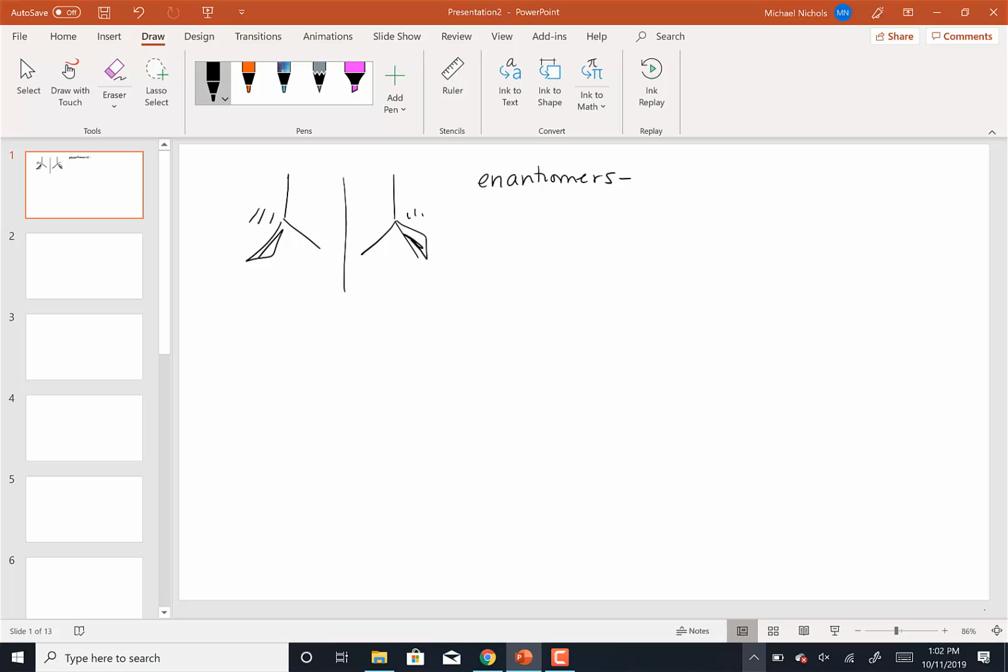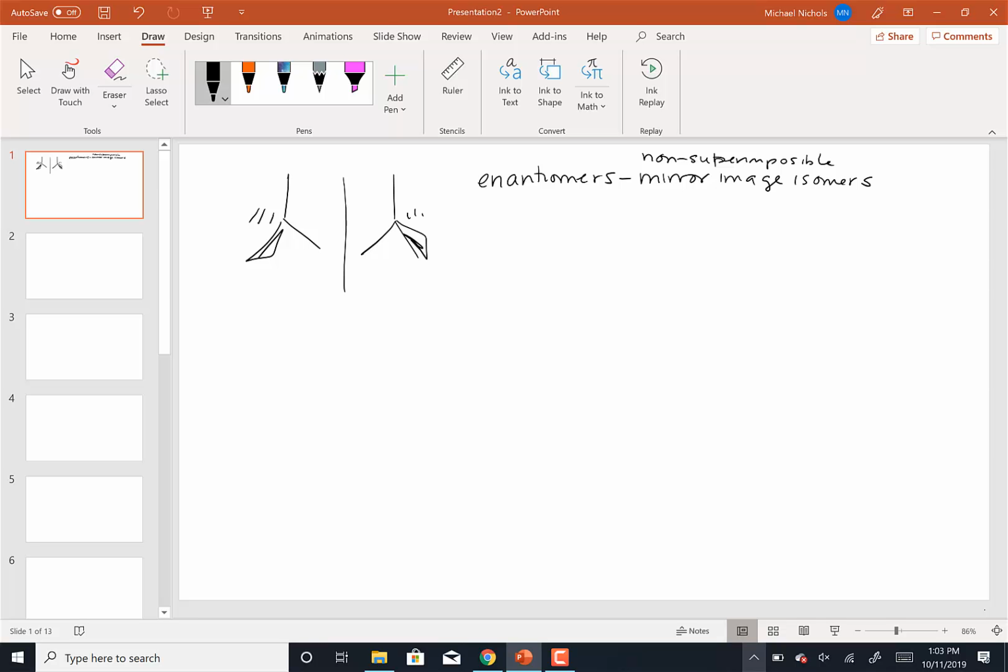And enantiomers are basically mirror image isomers, and I usually add in front of that, I say they're non-superimposable. Non-superimposable mirror image isomers. So that means they're mirror images, but they cannot be superimposed, which is what the words mean. So basically, you need to have 4 different groups attached to a single chiral carbon.